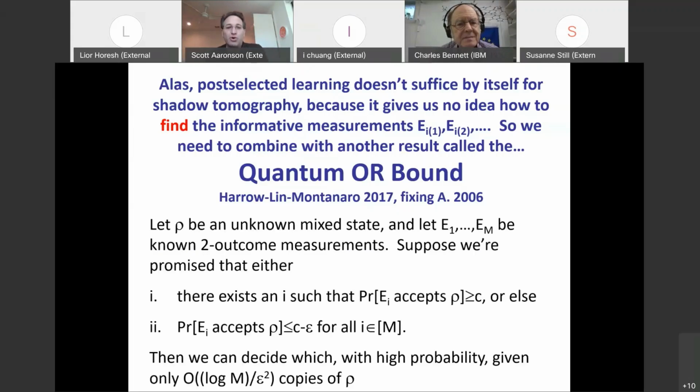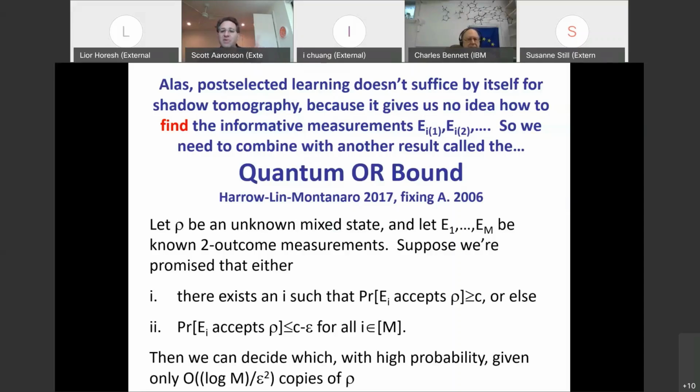What the quantum OR bound says is that, let's say we've got an unknown mixed state, rho, and once again, we've got some known two-outcome measurements, E1 up to En. Okay, now suppose we're promised that one of two things is true.